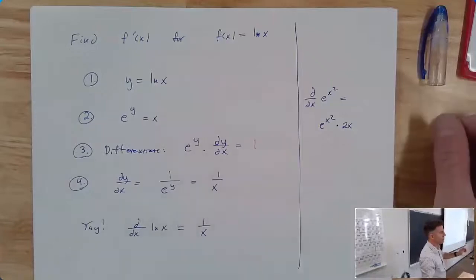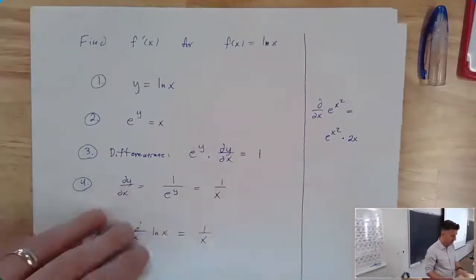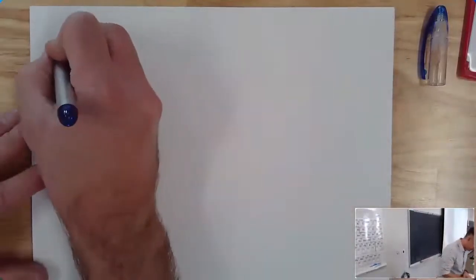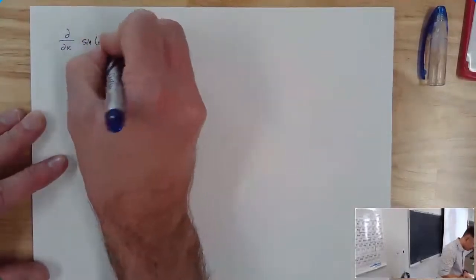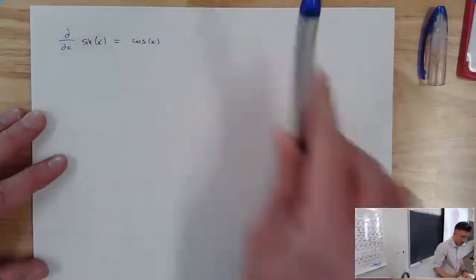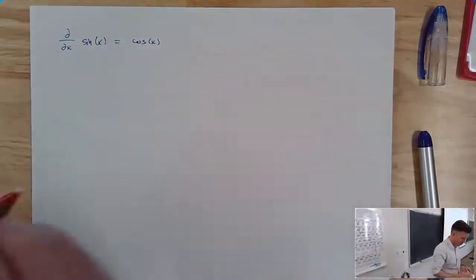So your question made me want to back up for just a second and write down some stuff for you all. You don't need to write this down necessarily, but I think it's worth pointing out the following. Here's often how books write things. The derivative of sine of x is equal to cosine of x. And then we also have the chain rule version, which is usually written in the following way.